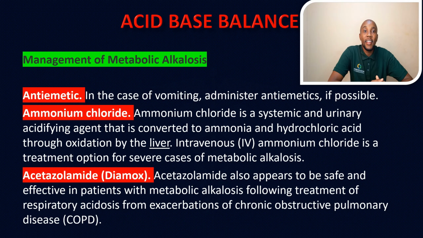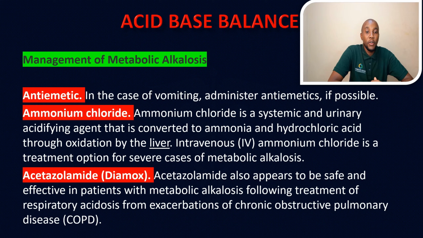Ammonium chloride is a systemic and urinary acidifying agent that is converted to ammonia and hydrochloric acid through oxidation by the liver. Intravenous ammonium chloride is a treatment option for severe cases of metabolic alkalosis. So for patients with very severe cases, that's when we use ammonium chloride.